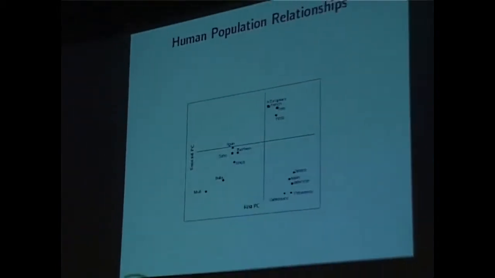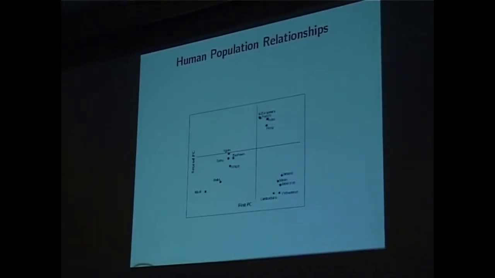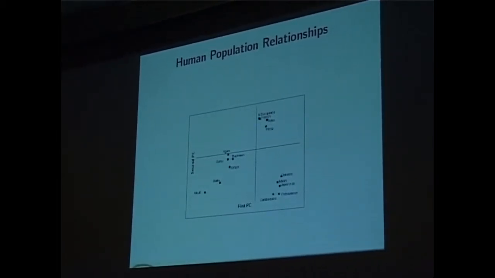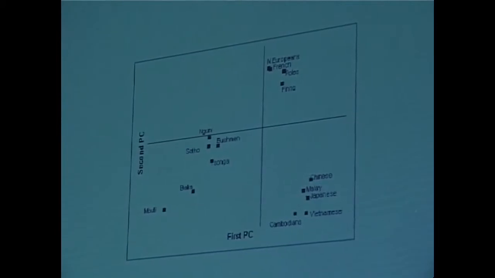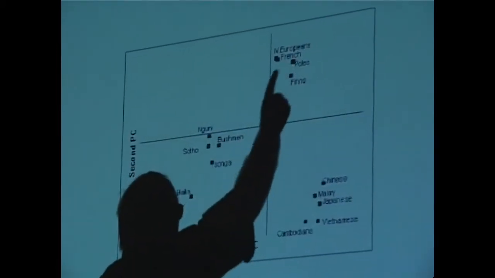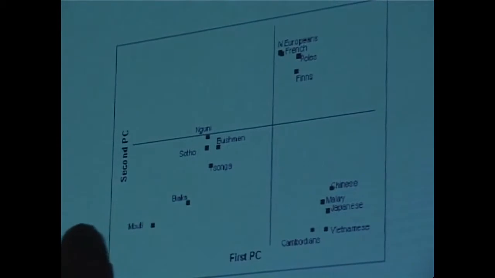How similar within race are populations to each other? This is a map of genetic similarity. The same populations. Up here are Northern Europeans, French, Poles, Finns, all clustered together. They're all like clones of each other.